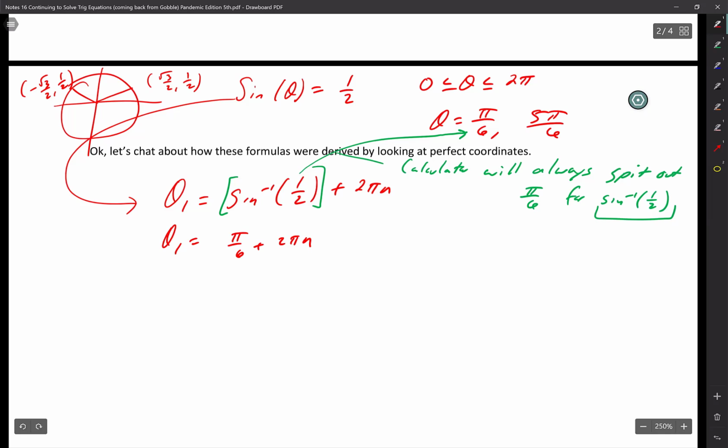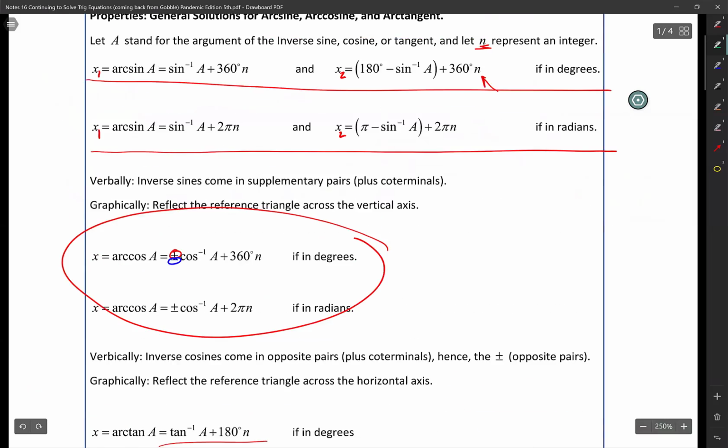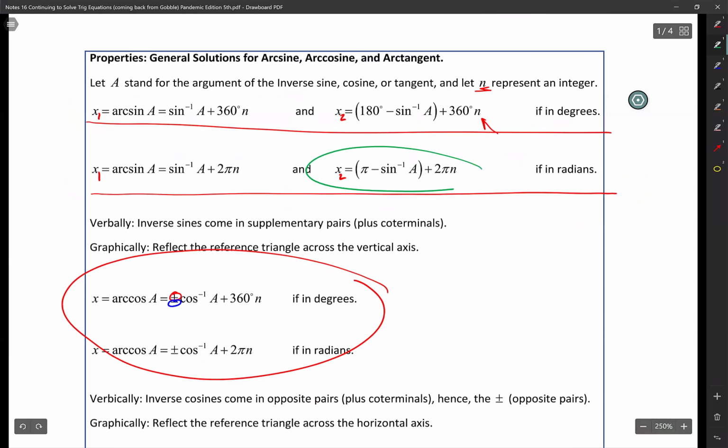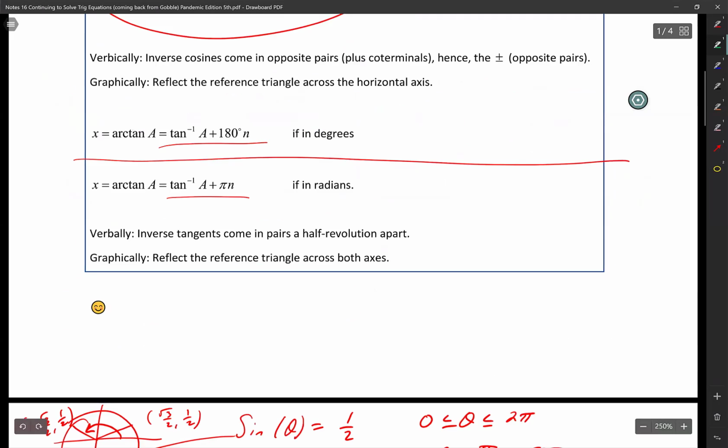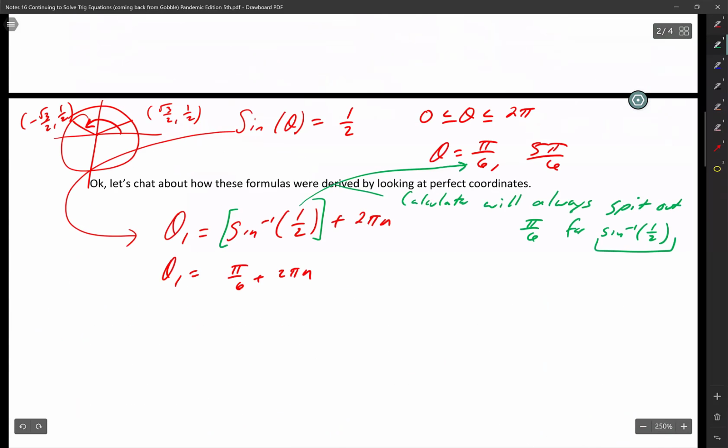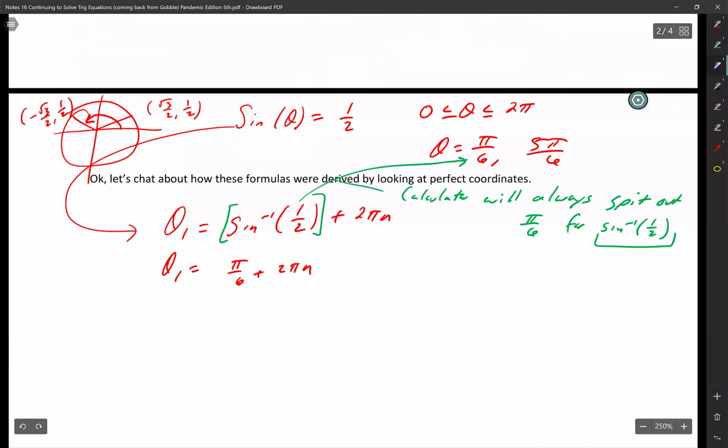Now, how do we get the second one? How do we get the 5 pi over 6? Well, here's how this formula came to be, guys. It took advantage of the fact that the distance from here to there, look at this in blue, that's a pi. And then it said, well, this reference angle in green, that's just pi over 6. So if I go pi minus pi over 6, it's 5 pi over 6.